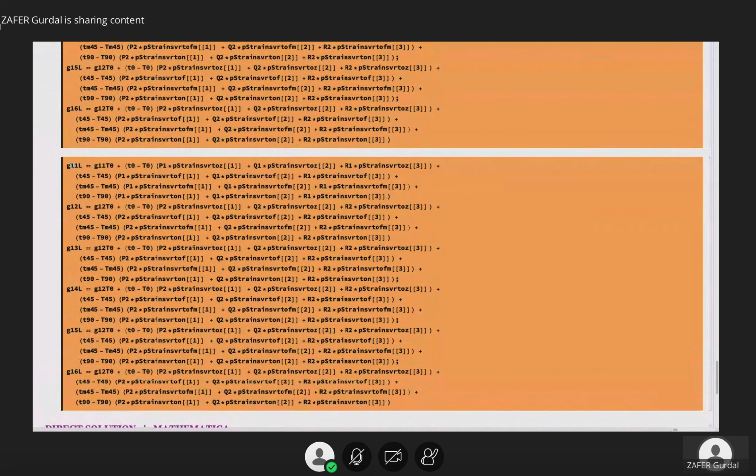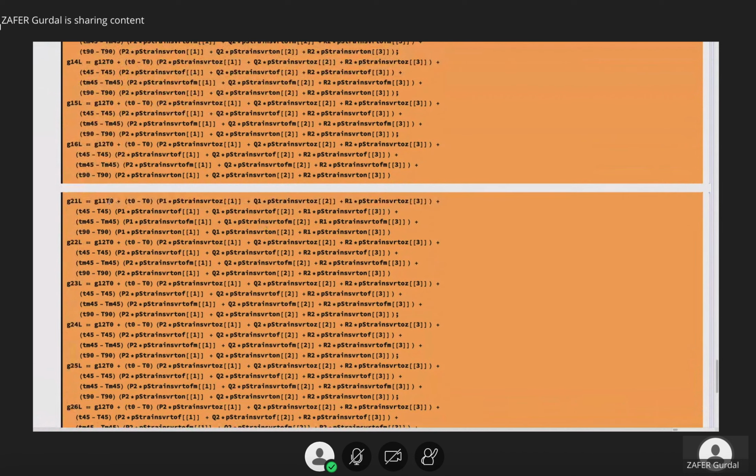And this will be 2, 1, 2, 2, 2, 3, 2, 4, 2, 5, and 2, 6. This is for the plus 45. And again, I'm going to change some of these things in here to make sure that we get the right values. So that's it for this, and this will be finished form next time, and you're going to get it.